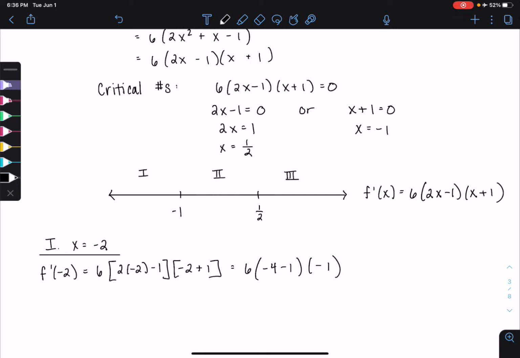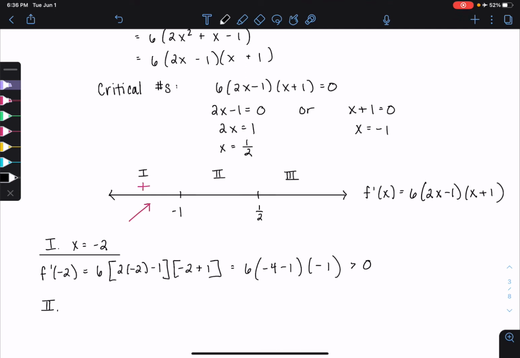You can simplify this number, but it's a negative number times a negative number, that's positive times a positive. Overall, this thing is greater than 0. So in interval 1, my derivative is always going to be positive. So that means my function is increasing.